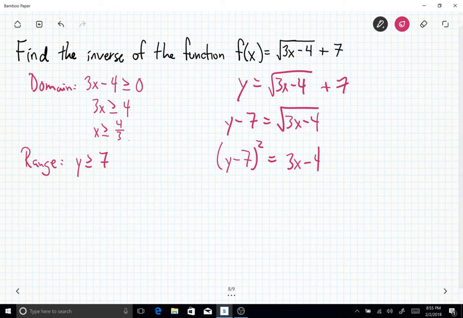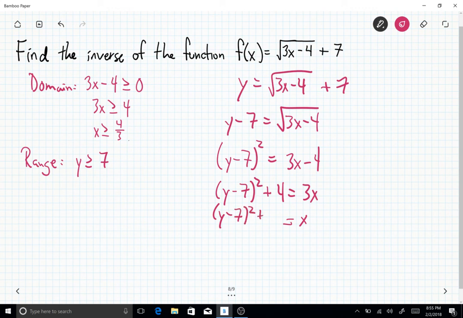Moving forward, you add 4, you get y minus 7 quantity squared plus 4 equals 3x, and divide both sides by 3. x equals y minus 7 quantity squared plus 4, divided by 3. And now you have your inverse function. f inverse of x equals x minus 7, the quantity squared, plus 4, divided by 3.